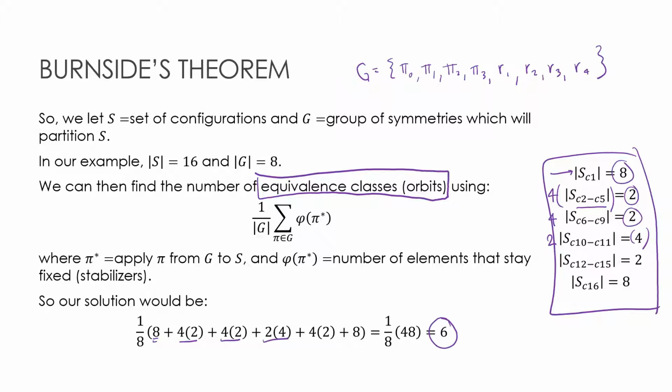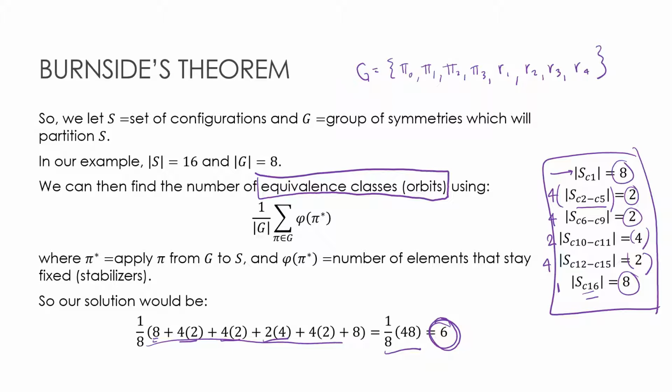Here 12, 13, 14, 15, 4 times 2, and then just one of them had all 8. So again, if I add all of these up, I get 1/8 times 48, and I get 6. Now, did I already know the answer was 6? Yes, I did, but this is going to be an easier way.